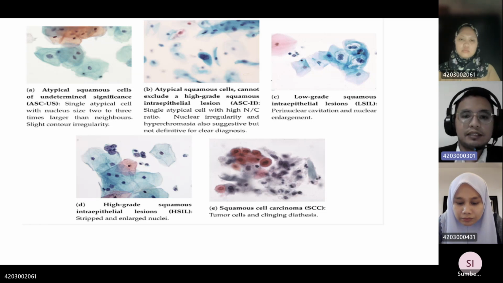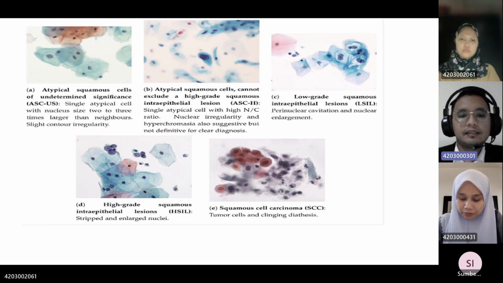It is considered an inconclusive result, and further testing or follow-up is typically recommended to determine the appropriate management.